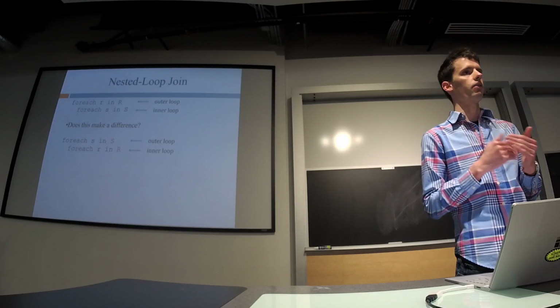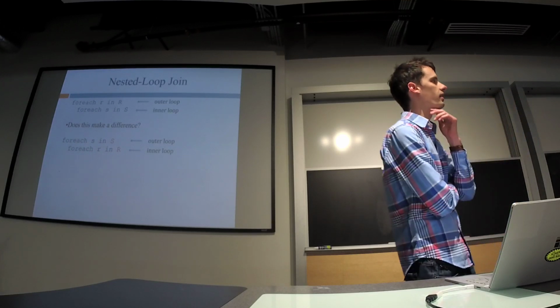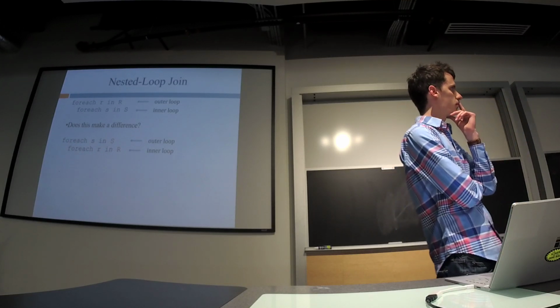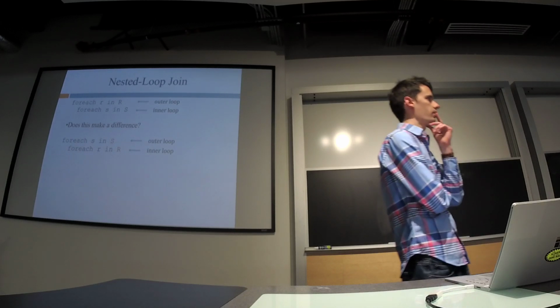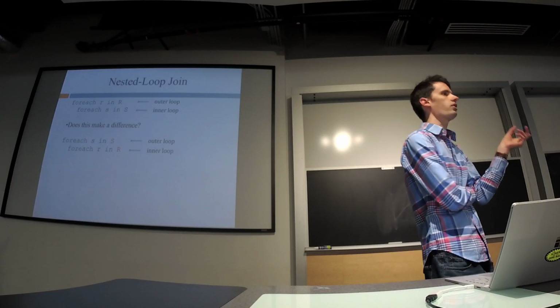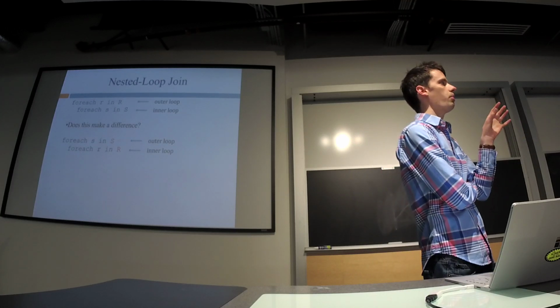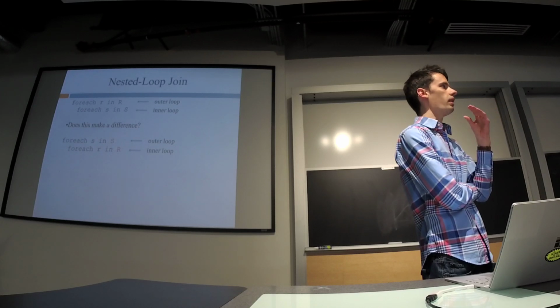And when would it make a difference? I'll tell you, the answer is yes, it does make a difference. So when? If all of one of these tables can fit in memory at once, then you wouldn't have to go to disk as many times if you use that table for the inner loop. Exactly, yes. So if one of them is small enough to fit in memory, then that one should be the inner loop.